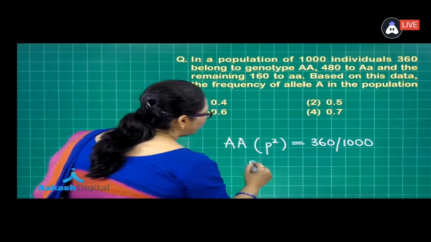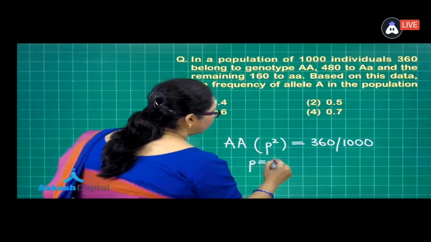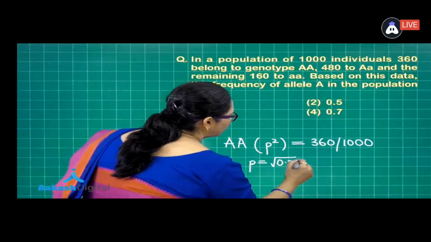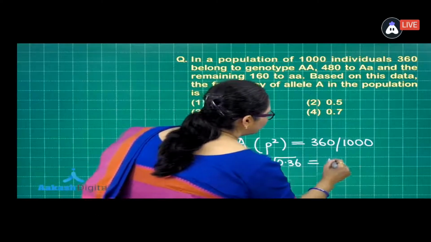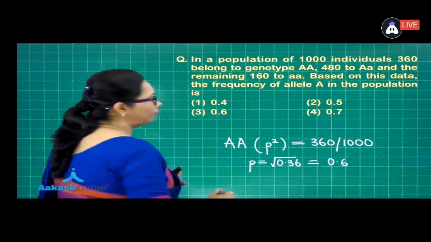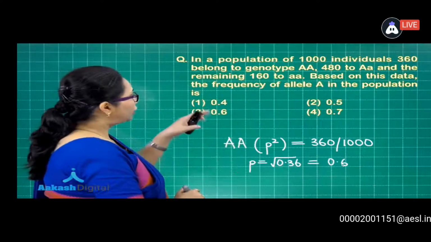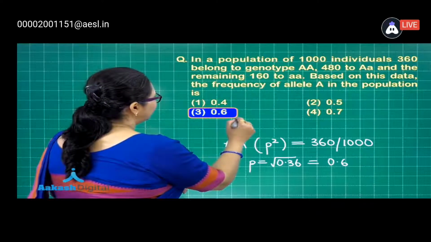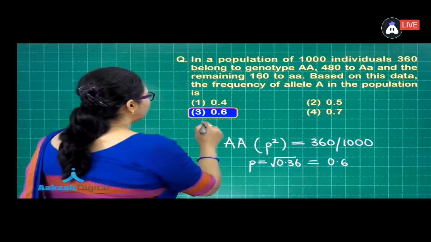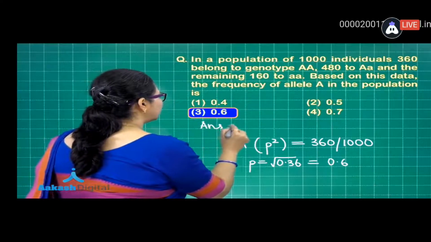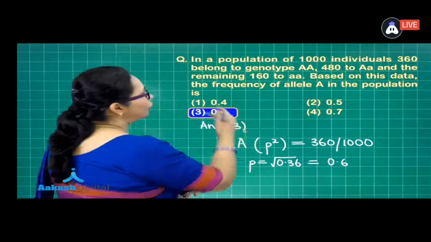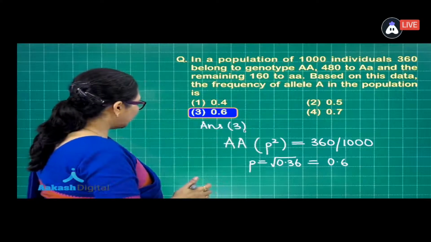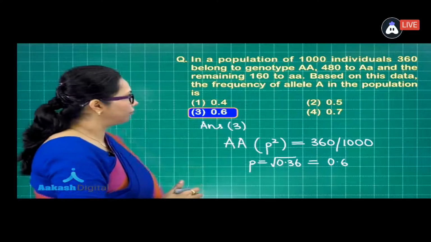So here p would be the square root of 0.36, and that is 0.6, right? And the option that we can see here is the third one, and this would be our correct answer. So the rest of the data was not required. Just by one single piece of data we can easily calculate in this question.